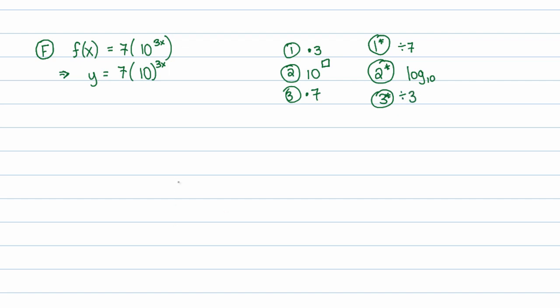And by the way, if you haven't had logarithms in your course yet, don't worry about it. You get a good preview here. First thing we're going to do is divide both sides by 7. So that means that y over 7 is equal to 10 to the 3x. And then I have to change it to a log.